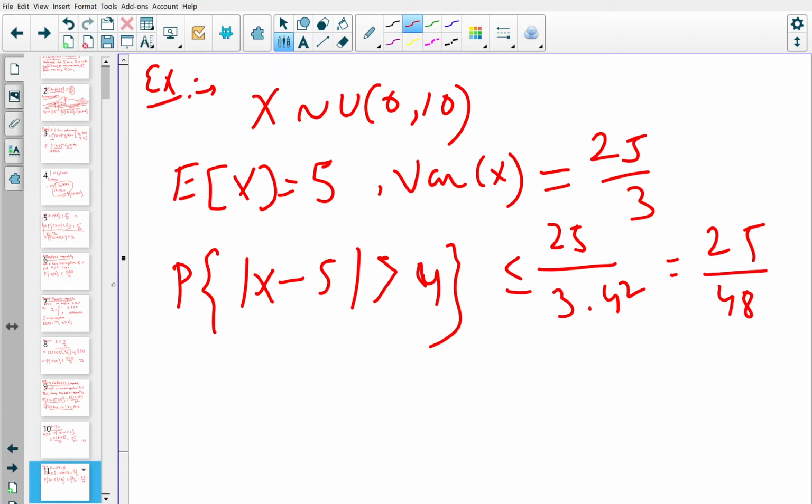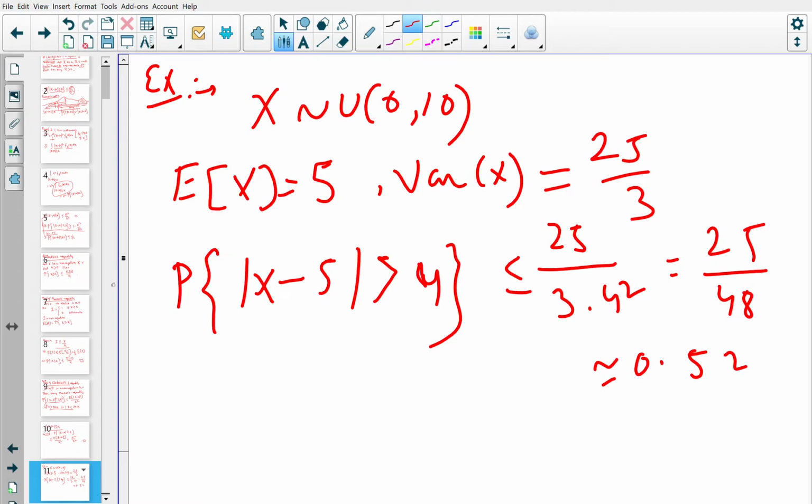So 25 by 48 means a little more than 0.5. That tells you that this probability has this upper bound. It cannot be more than that, always less than that.